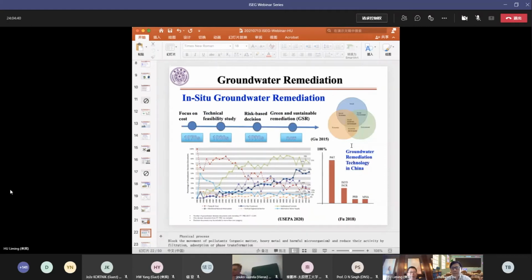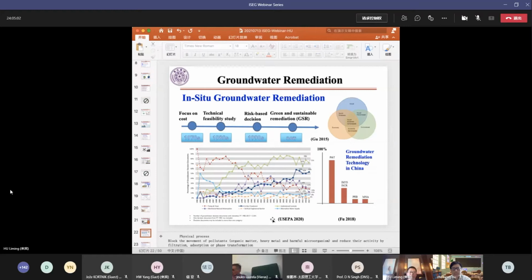As we see, in situ technology has a lot of advantages over ex situ technology. So it meets the needs of green and sustainable remediation.